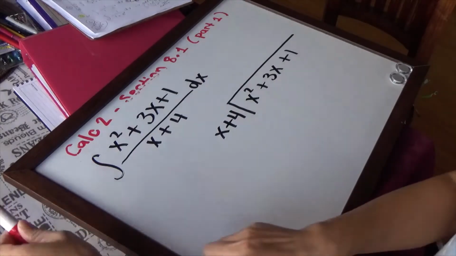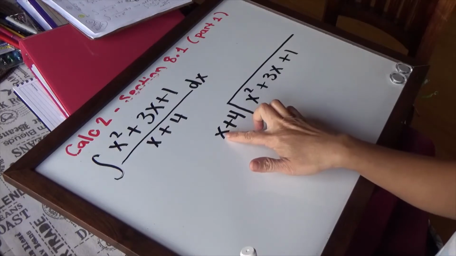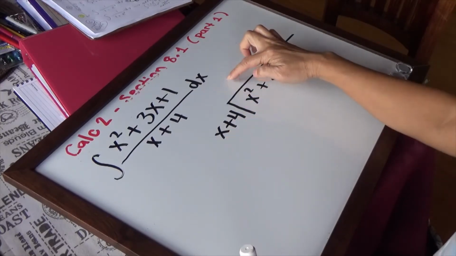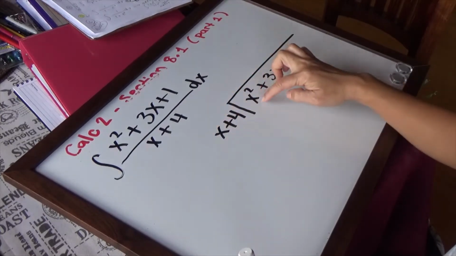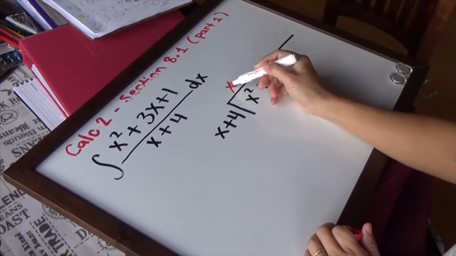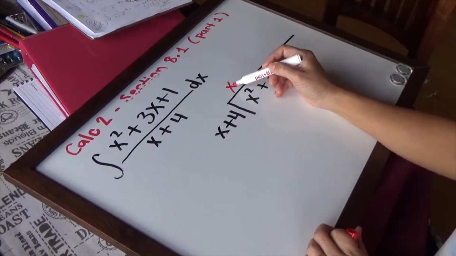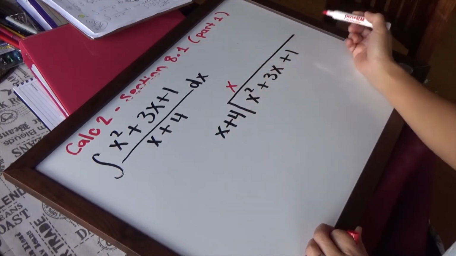Okay, so how do you do that? You just say, well, if I have this, what do I put right here to multiply to this to give me x squared? Well, of course, that's an x, because x times x is x squared. And we know in long division, after you put a number up here, you multiply and then you subtract.